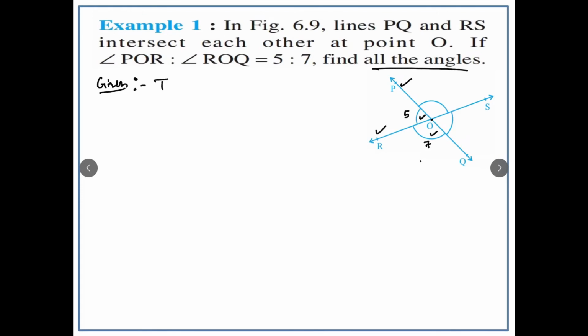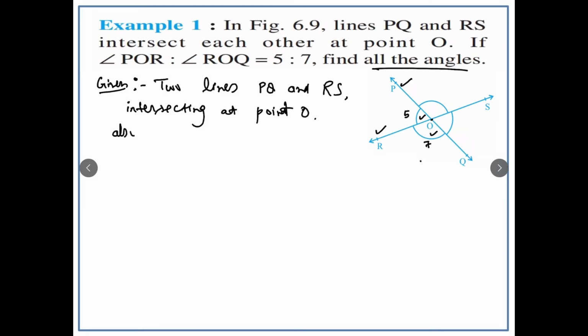We are given that two lines PQ and RS intersect at point O, and we are also given that the ratio of angle POR to angle ROQ is 5:7. So this is what is given to us in this question.